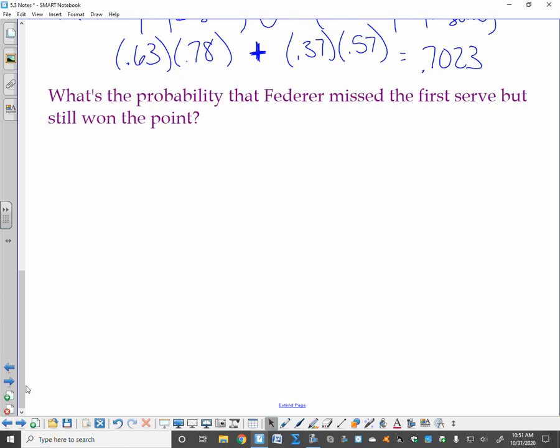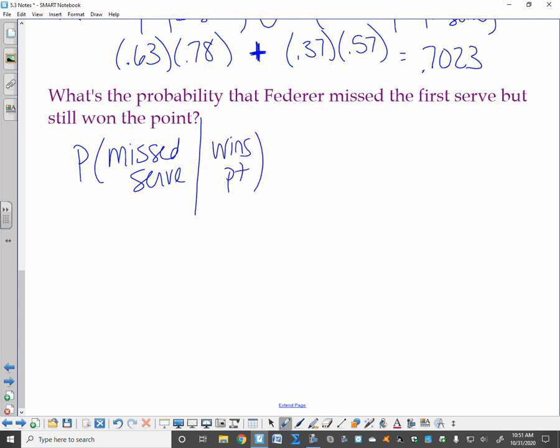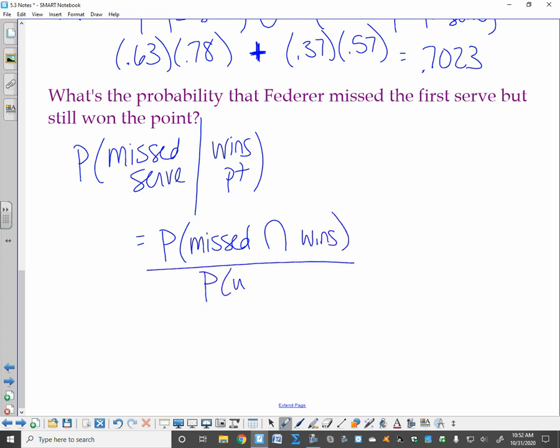So we're going to find the probability that he missed his serve given that he wins the point. So that's going to be the probability that both things happen, missed and wins, over the probability that he wins.